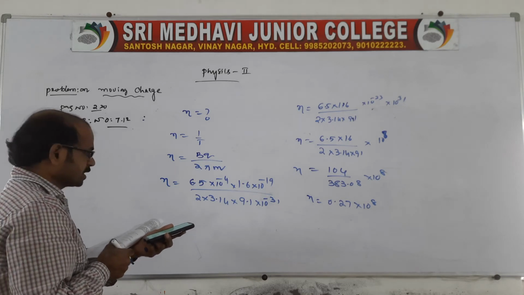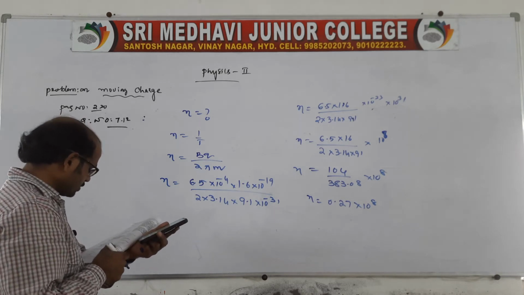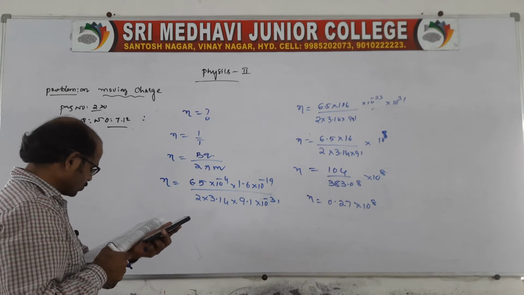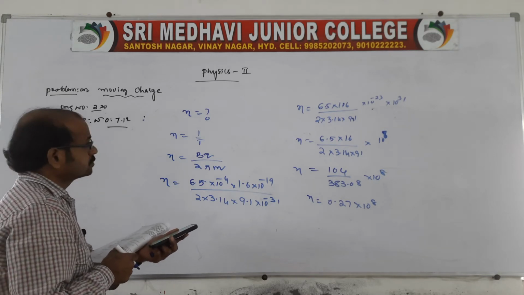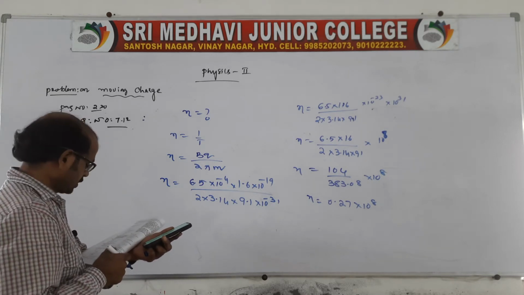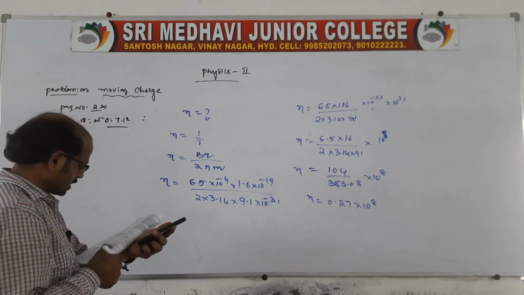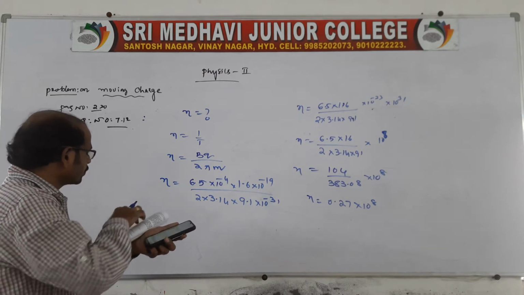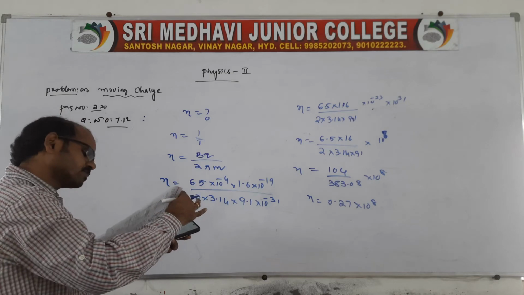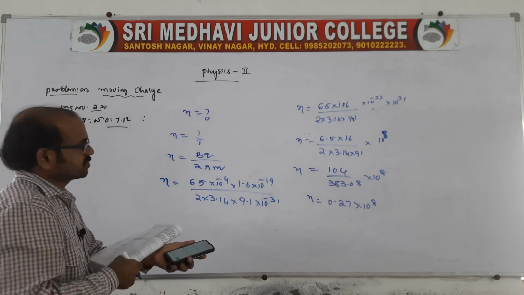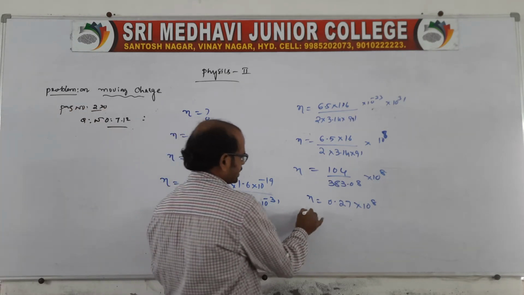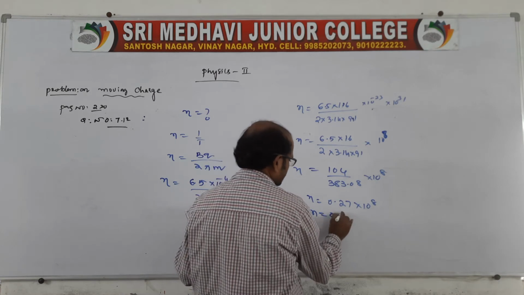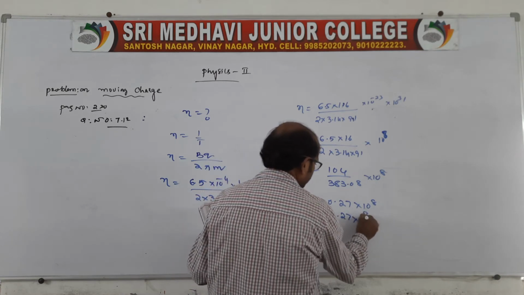Here the charge, is it given as 1.6, no? Okay, it's given as 1.5, of course. So we can say n is equal to 0.27 into 10 power 8 hertz.